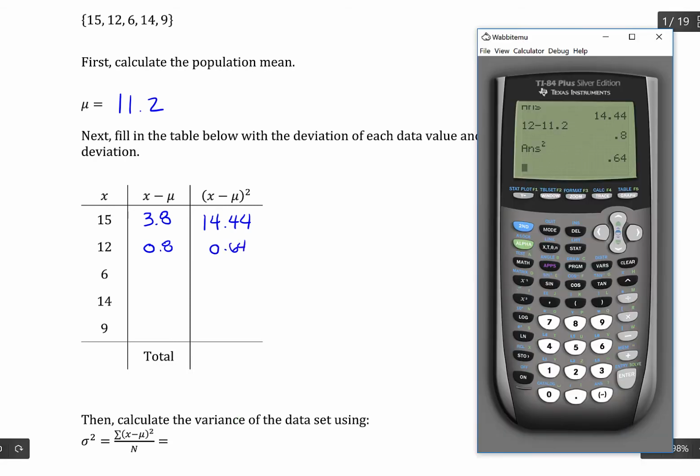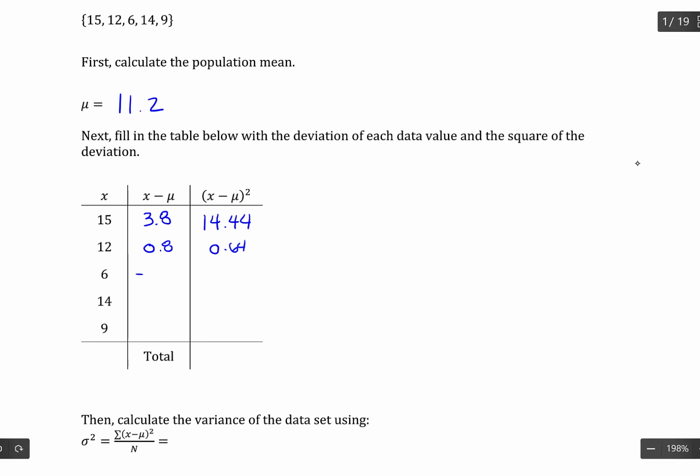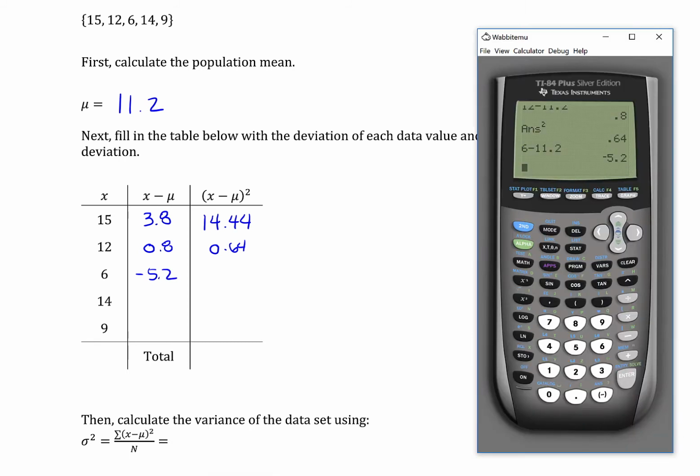Now, if I take the distance of 6, so 6 minus the mean of 11.2, it's negative 5.2. So what that is telling me is that this value is below the mean because it's a negative distance. So negative 5.2. And if I square that value, I get 27.04.